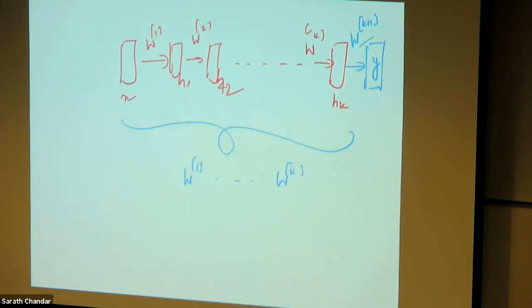If you think about it, what this solution is trying to do is come up with a good initialization for all these weights, instead of starting with random initialization.